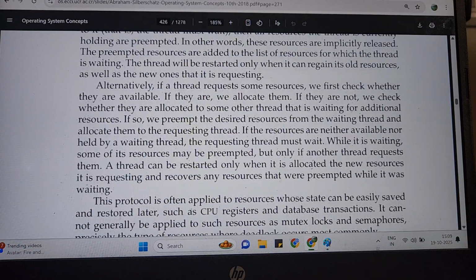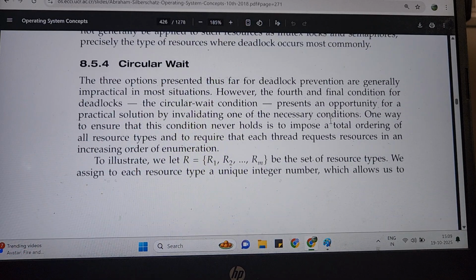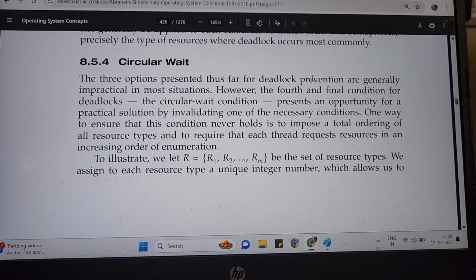If you looked at the earlier example, we saw that starvation is likely. But in this case, it is probably not 100% impossible, but less likely to happen. So that's about deadlock prevention and how breaking circular wait is the most feasible way to prevent a deadlock.